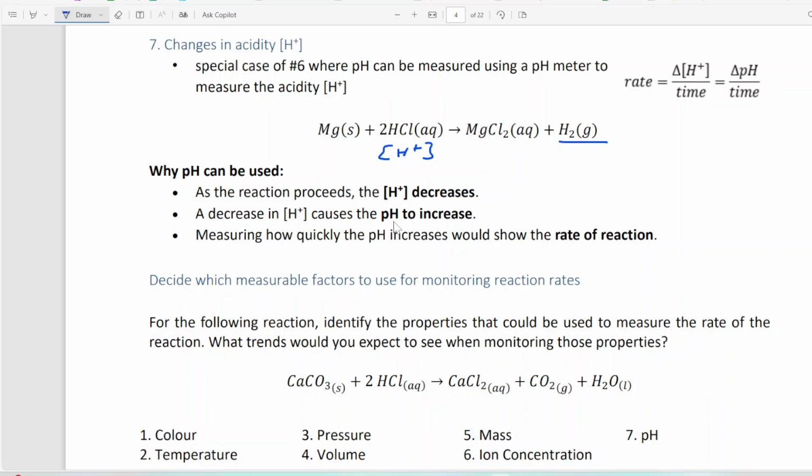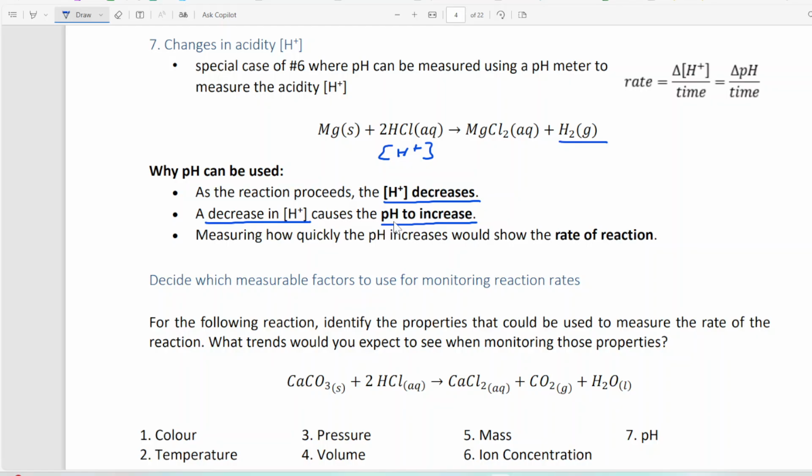Well, as the reaction proceeds, the hydrogen ion concentration would decrease. And if you think back to acids and bases, a decrease in hydrogen ion concentration would cause an increase in pH, becoming less acidic. So what we could do is measure the pH of this reaction over time. So again, we're really measuring the hydrogen ion concentration, but in terms of pH.